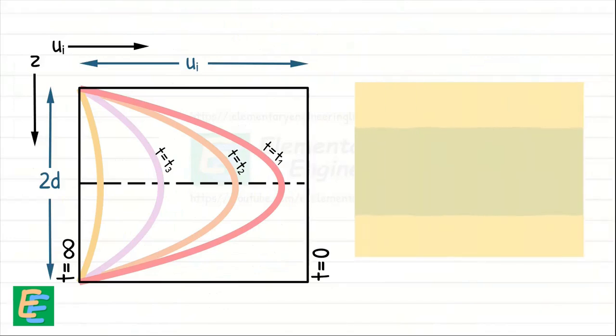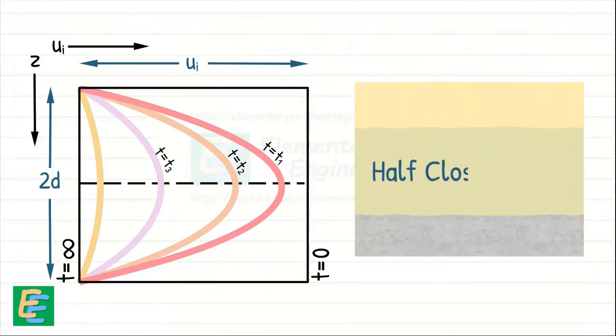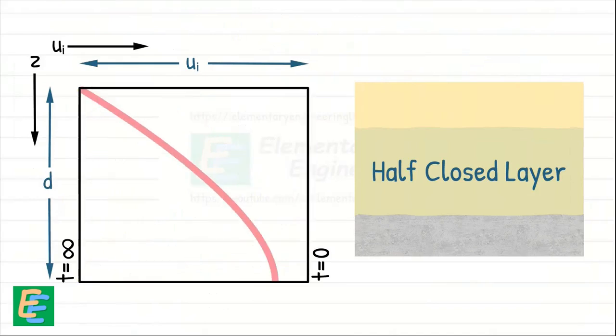If both upper and lower boundaries are free draining, the clay layer is known as open layer and shape of the curve will be parabolic. If only one boundary of the clay layer is free draining, the layer is called half closed layer and the shape of the curve is a half parabola.